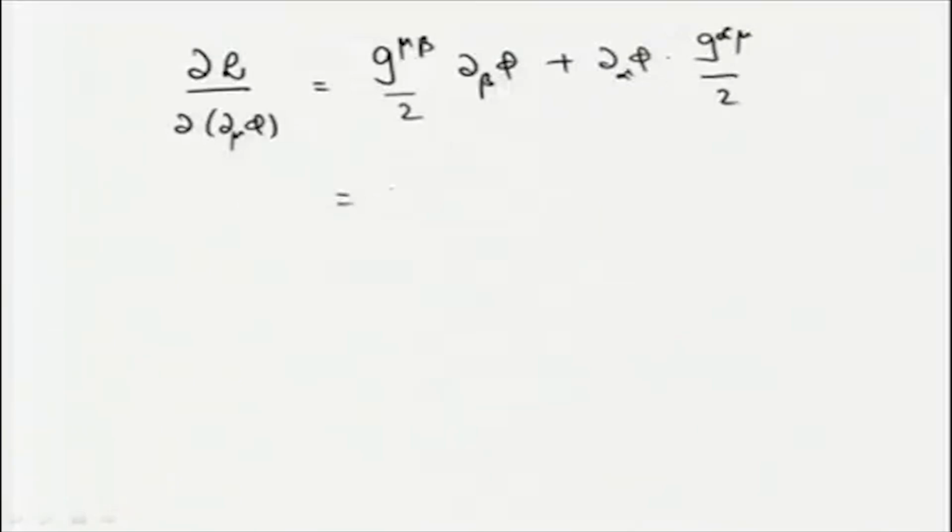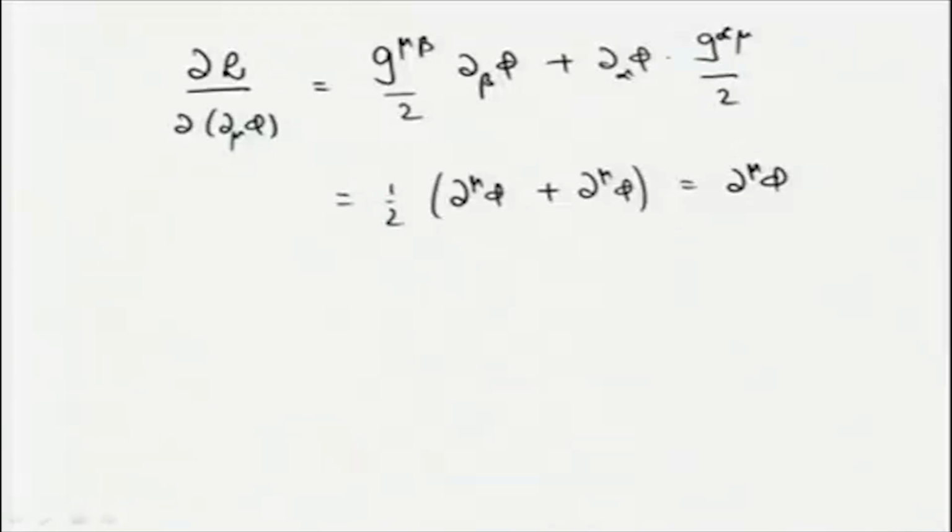So, this is equal to 1 over 2. The role of g mu beta acting on dou beta phi is to raise the index beta to mu, make it contravariant. So, we have first term dou mu phi, second term instead of beta you have an alpha, no other difference. So, it is dou mu phi, which is equal to dou mu phi without a half factor.